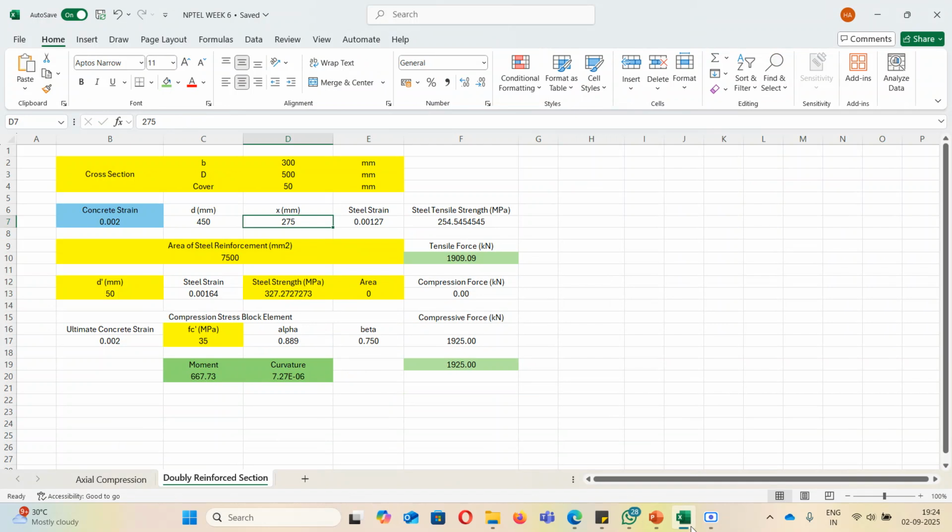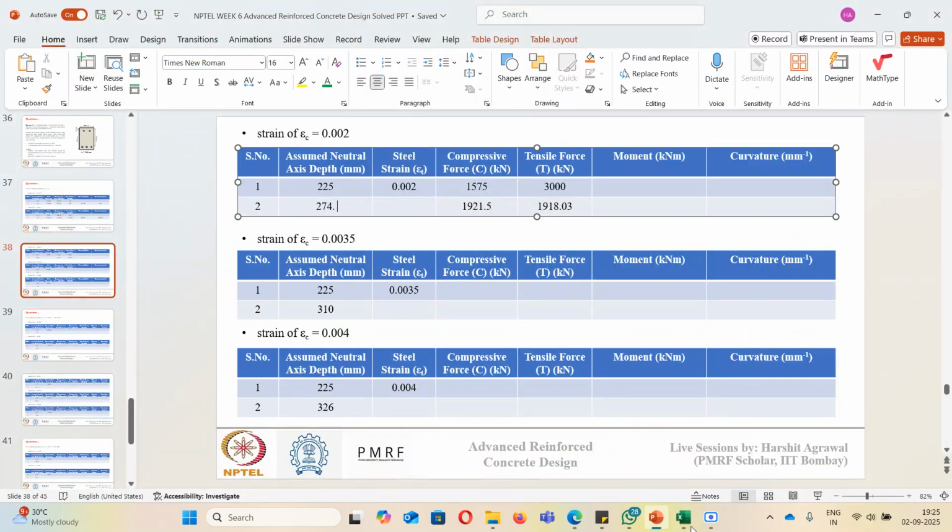At 275, compression force is becoming larger than the tension force. So at 274.6, again it is overshooting. So that's why I have taken 274.5, because this is the closest that we are getting. Okay, at 274.4 will give a much closer value.